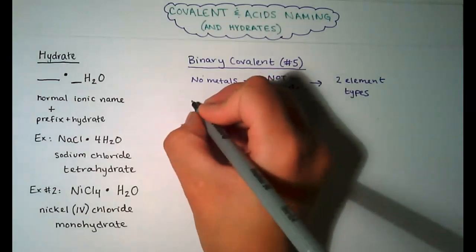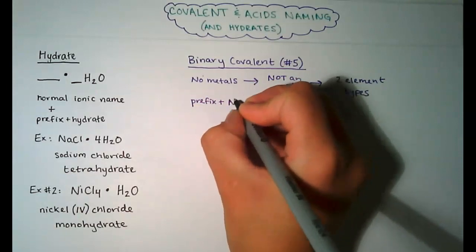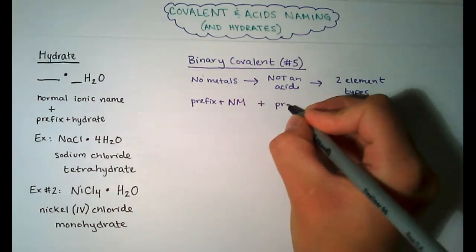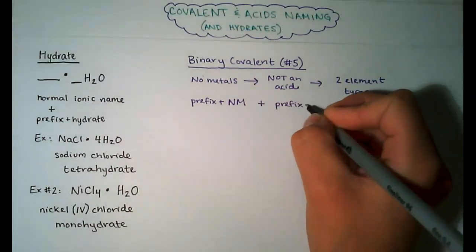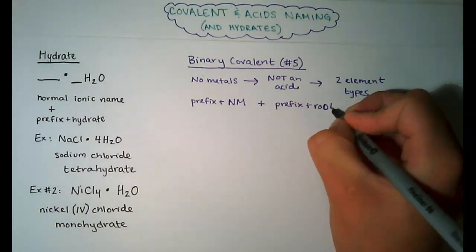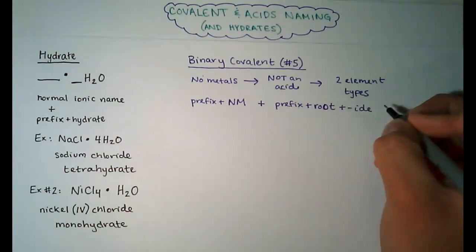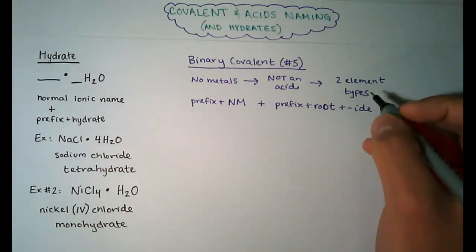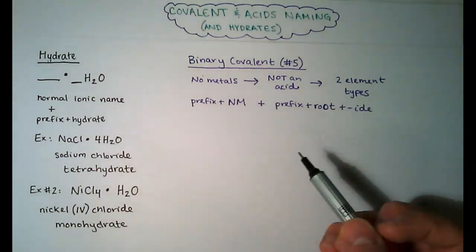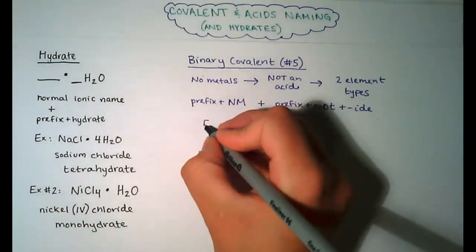So we take the prefix plus the name of the first nonmetal, and then as our second word, we put another prefix to indicate how many of the second nonmetal we have, plus the root word of our nonmetal, plus ending in IDE. So let's try an example of this, because the sequence up here makes it look more confusing, I think, than it actually is.